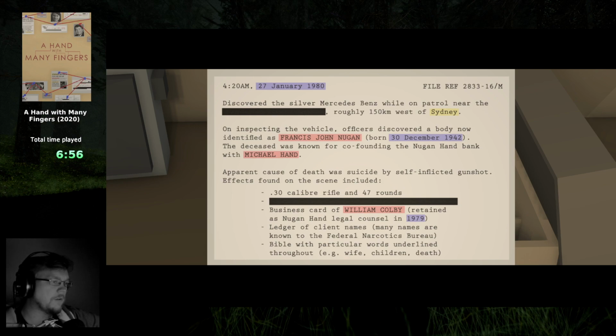Facts found on the scene included a rifle and 47 rounds, business card of William Colby, names from Nugan-handled accounts in 79, a ledger of client names, and a Bible with particular words underlined throughout.